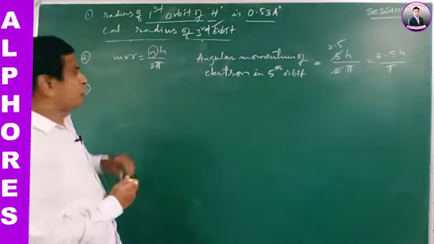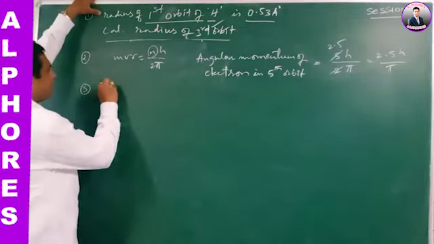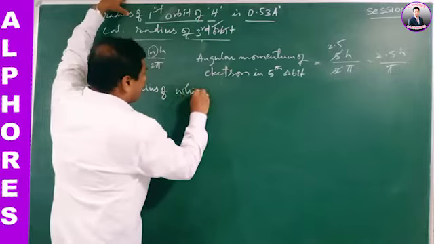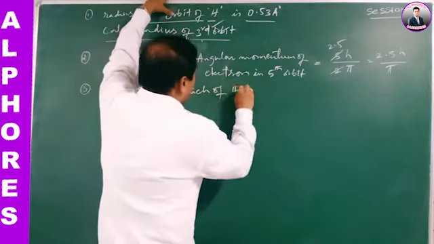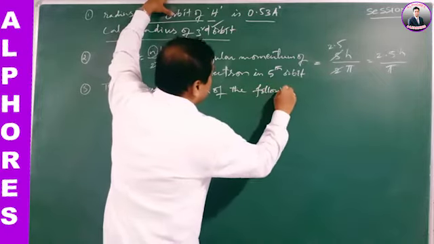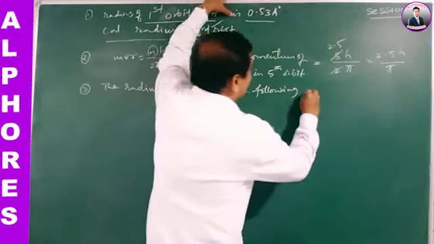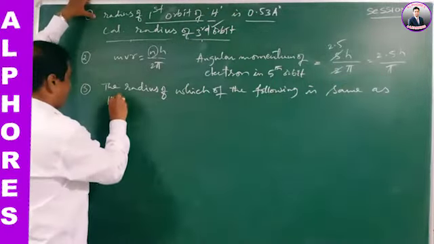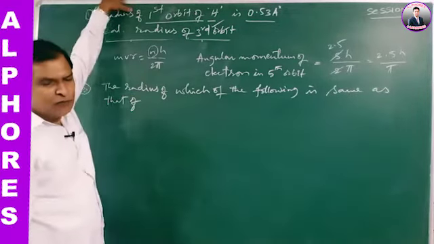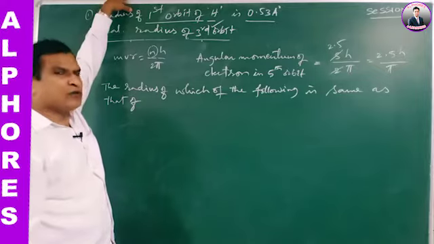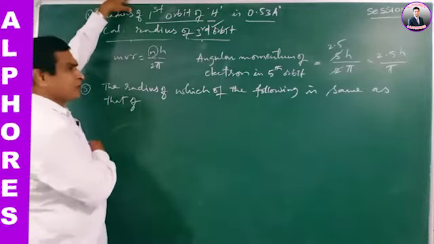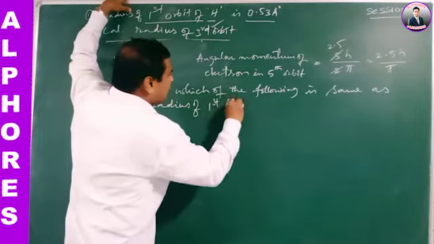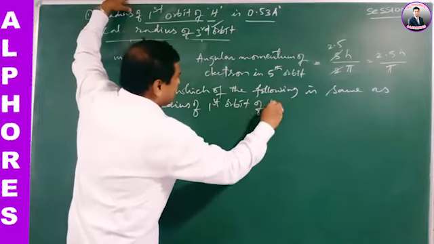The radius of which of the following is the same as that of the radius of the first orbit of hydrogen atom.